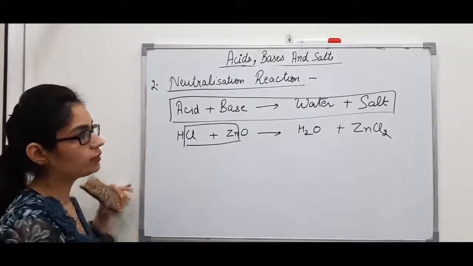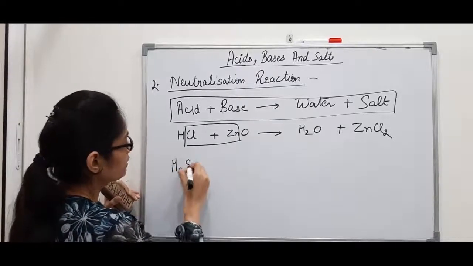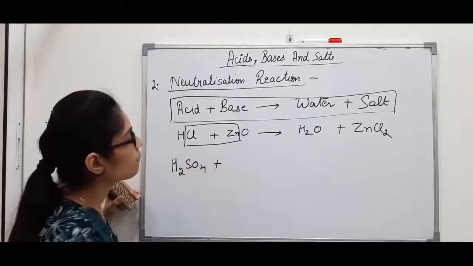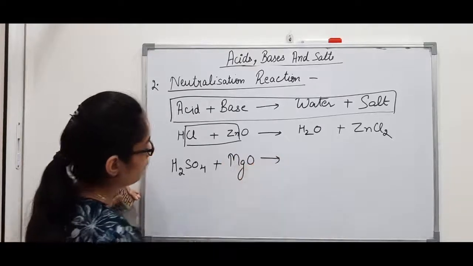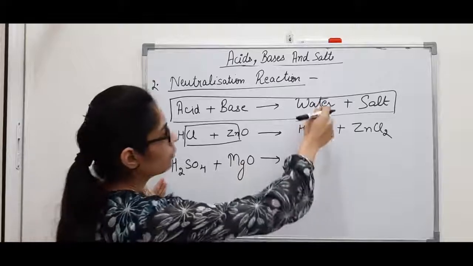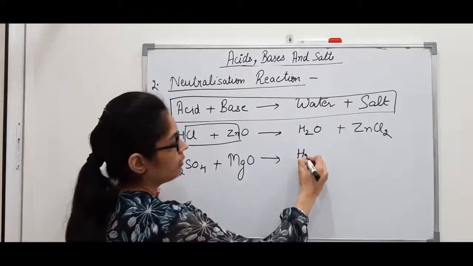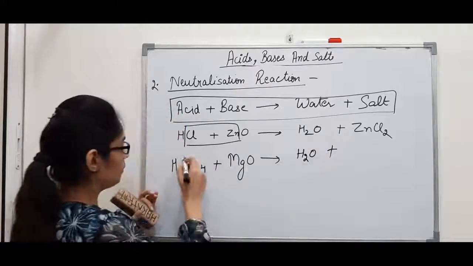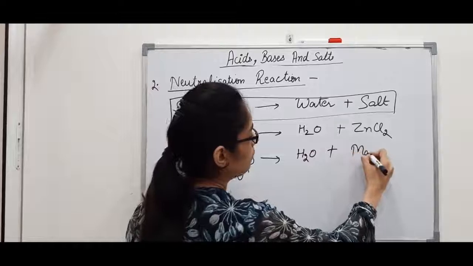So let's try to take one more example. Sulfuric acid plus, now we will take magnesium oxide, which will give us, it's sure it will give us water and salt. Water we will write as it is plus salt. From here we can see magnesium sulfate.